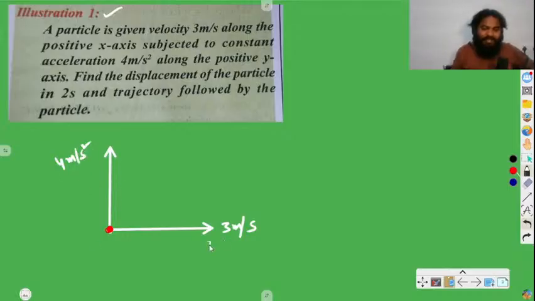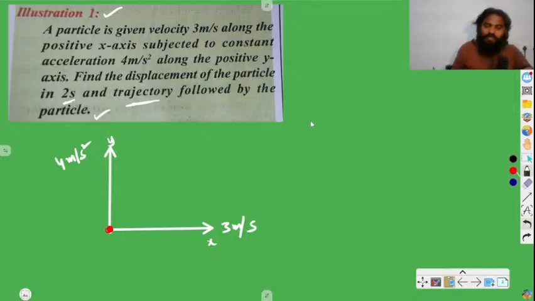This is the x-axis and this is the y-axis, right? So now in which direction will the particle move? You should remember that when perpendicular forces act, then definitely it will be a curved path. Here he is asking to find the displacement of the particle in 2 seconds as well as the trajectory followed by the particle, means in which path the particle will move, right?